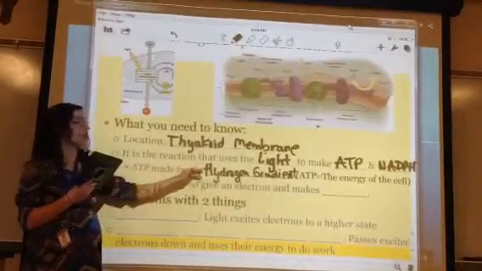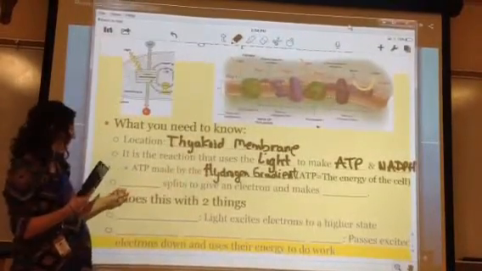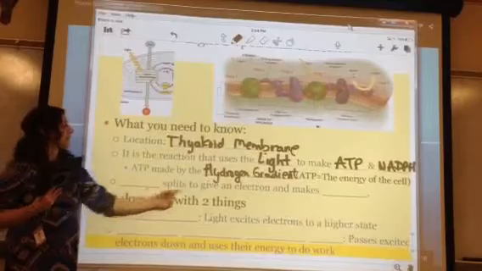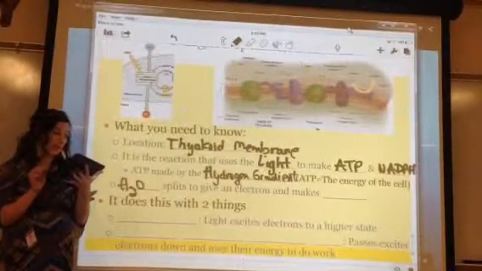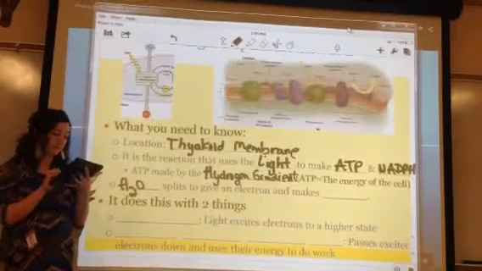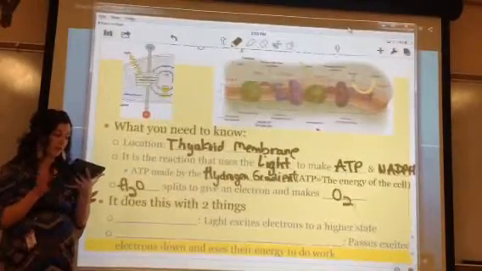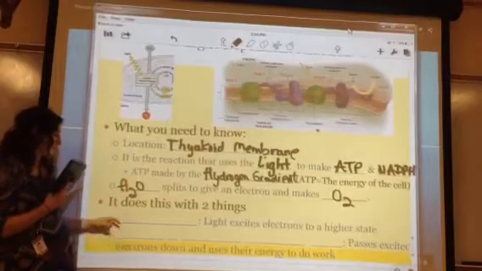ATP is the energy of the cell. What splits to give the electrons? Water. And the water splits to make my oxygen.